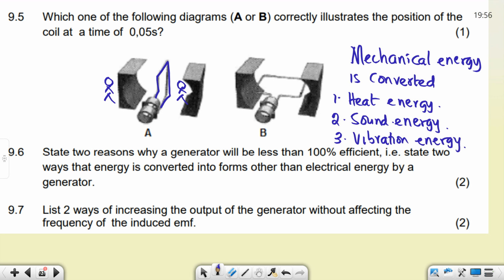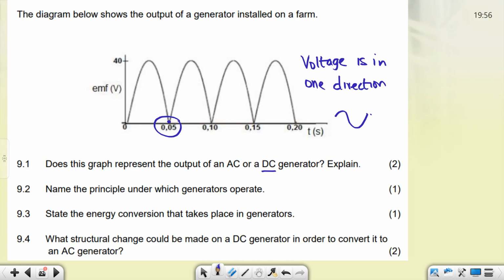List two ways of increasing the output of a generator without affecting the frequency. I answered this question not even knowing it is here. Without affecting, so please take note.